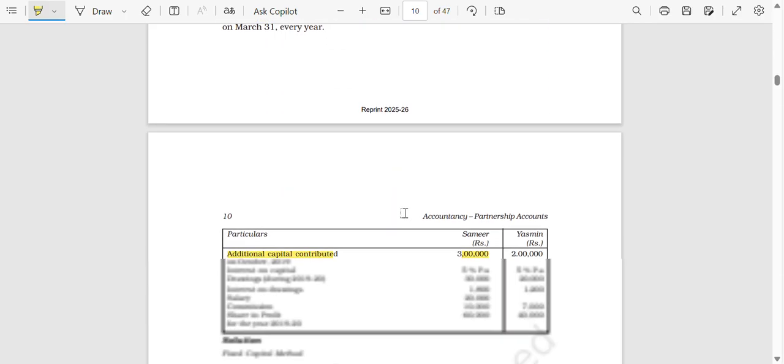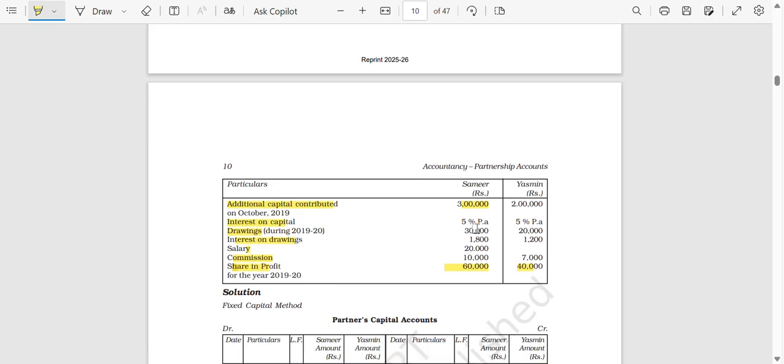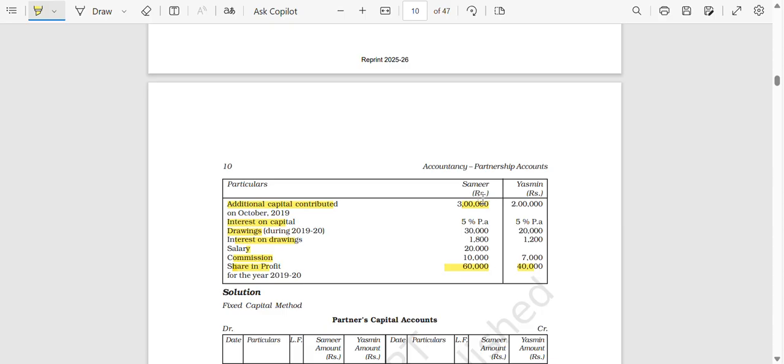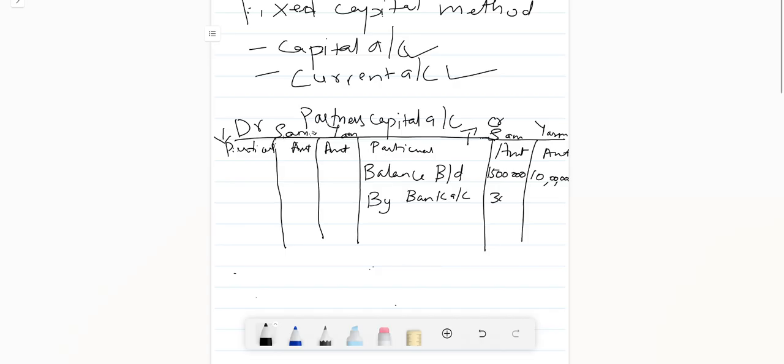Okay, next additional capital contributed. This is capital contributed, it will come here by bank account, because it is brought by cash, so 3 lakh and 2 lakh.